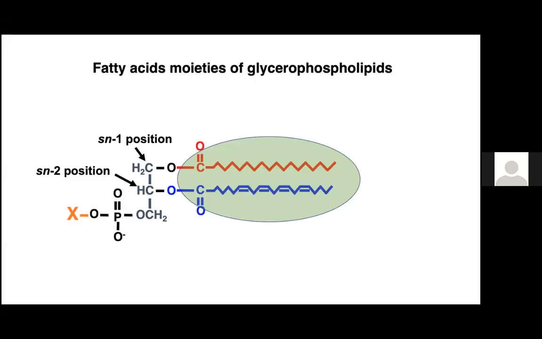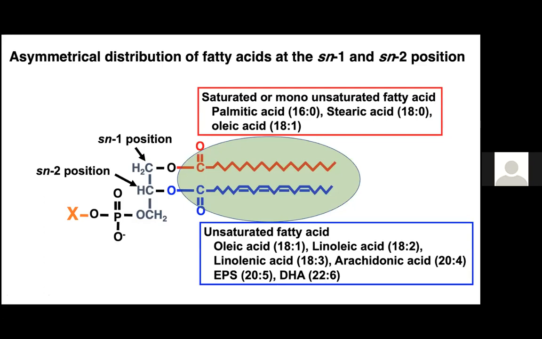Second portion, fatty acids. The major phospholipids in the cells have two fatty acids. This fatty acid binding site is called the SN1 position, and this fatty acid binding site is called the SN2 position. As shown in this slide, the fatty acids found in phospholipids in the cell differ between the SN1 and SN2 positions.